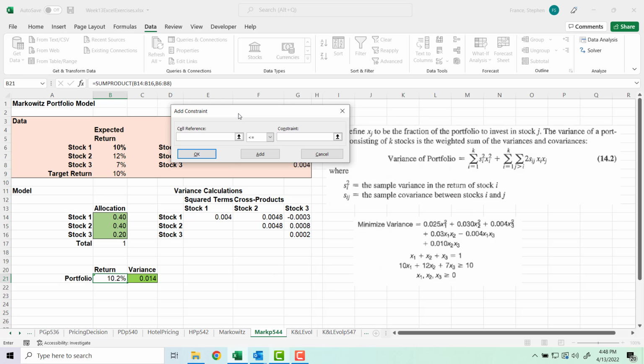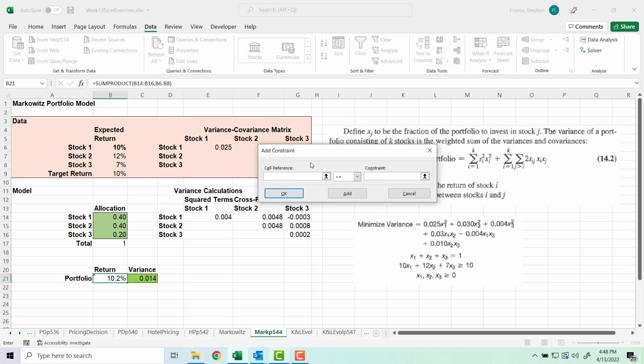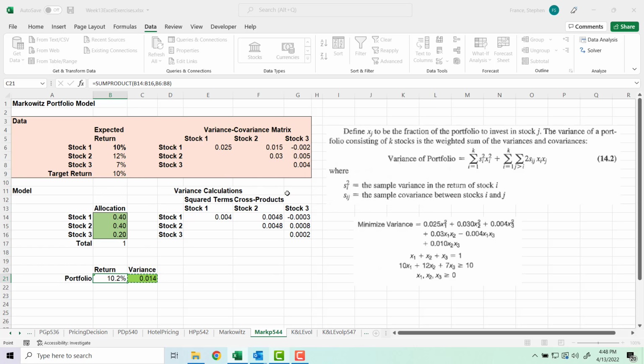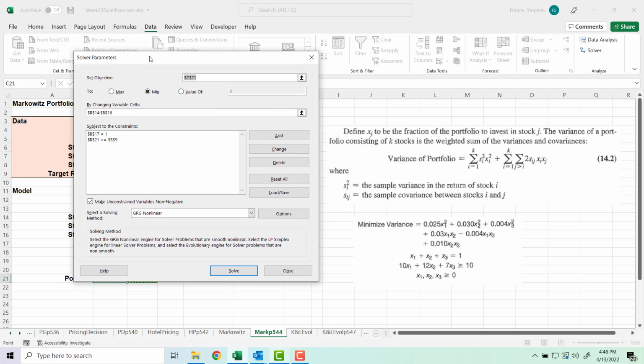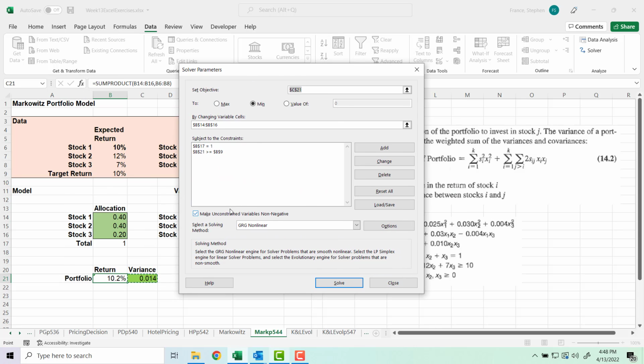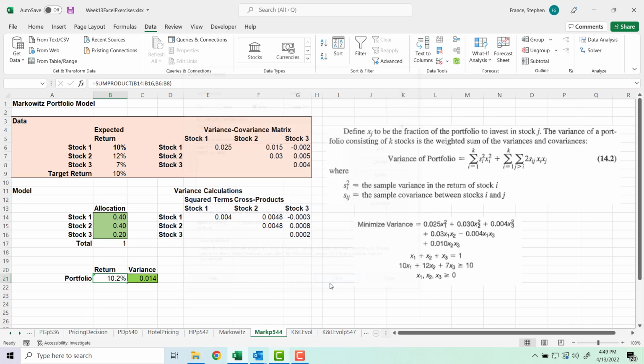And then we've got the return needs to be greater or equal to the target return. And the variables are non-negative. Now let's click solve.